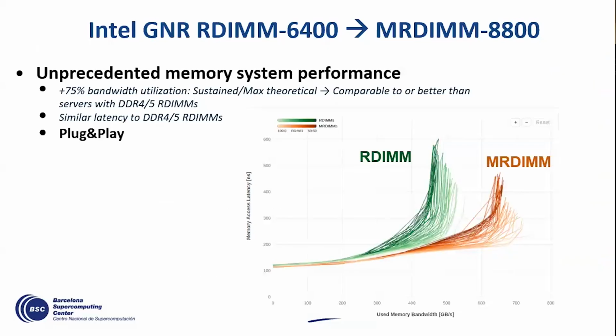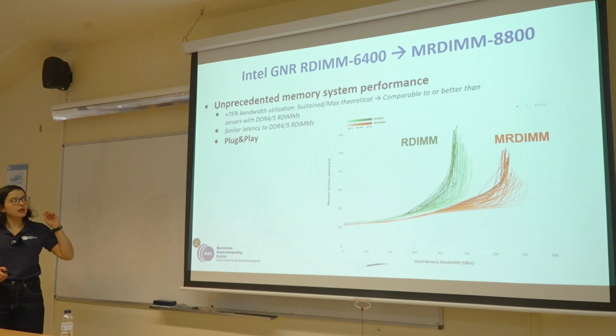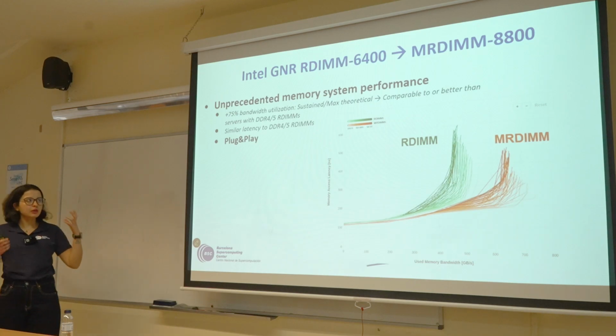And now, one example of the analysis you can do with PROFET. We have the example of RDIMMs to MRDIMMs. As Puya was saying, Peter was also talking about MRDIMMs. It's an amazing new memory system.